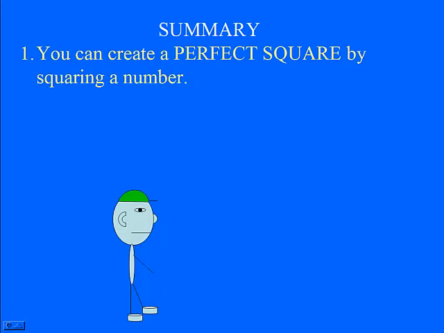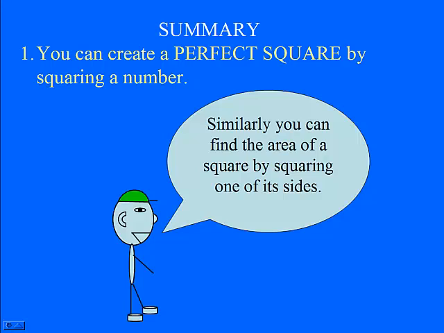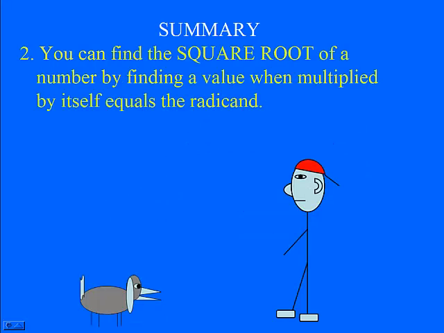Let's summarize everything that we've learned in this lesson. You can create a perfect square by squaring a number. And as Haas says, you can also find the area of a square by squaring one of its sides. You can find the square root of a number by finding a value when multiplied by itself equals the radicand.